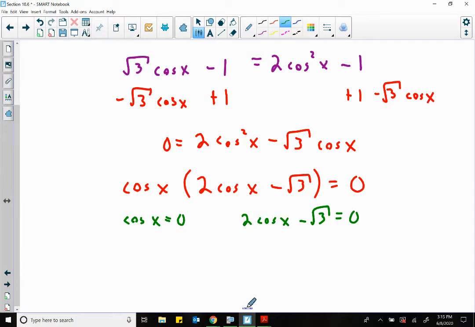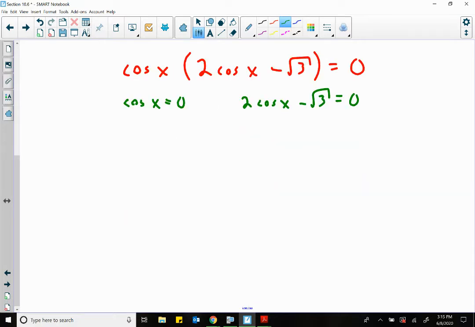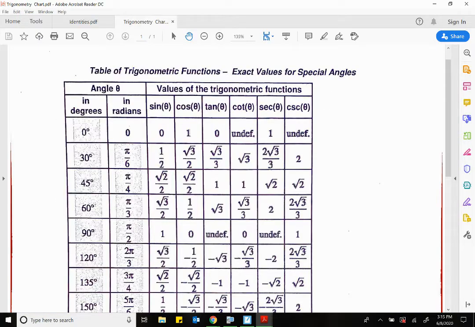So all we're going to do is run inverse cosine. Okay? So this guy over here, we're just going to do cosine inverse, and we want to know when is cosine 0. So we already know that that's going to happen. So if we go over here, cosine column, here's one place, pi over 2.